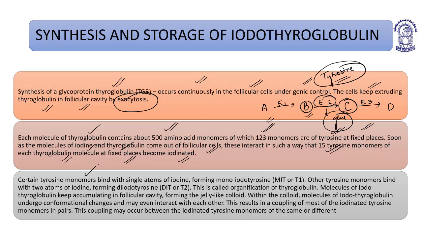Certain tyrosine monomers bind with single atoms of iodine, forming monoiodotyrosine. Other tyrosine monomers bind with two atoms of iodine, forming diiodotyrosine. This is called organification of thyroglobulin.